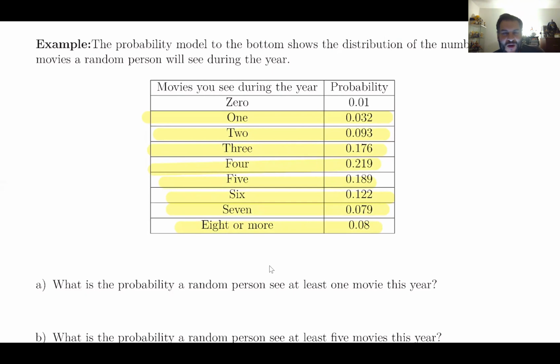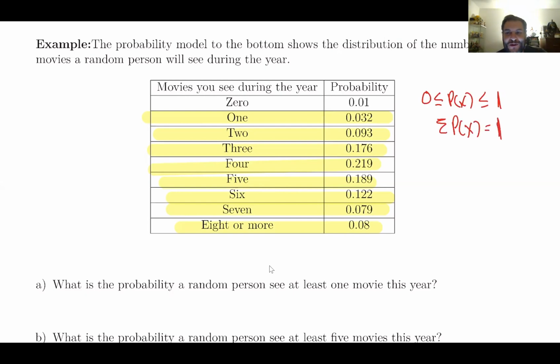Let's go back. If you remember, back when we did the probability rules, we said there were 2 rules. One rule said that all the probabilities should be between 0 and 1. The next rule says if I add up all the probabilities, it should add up to 1, correct?